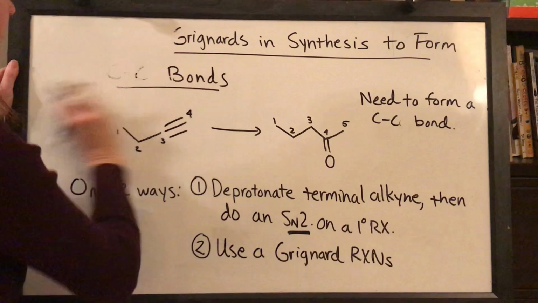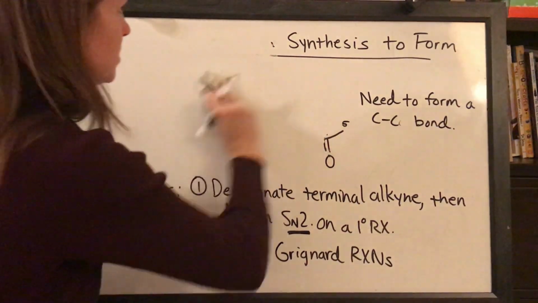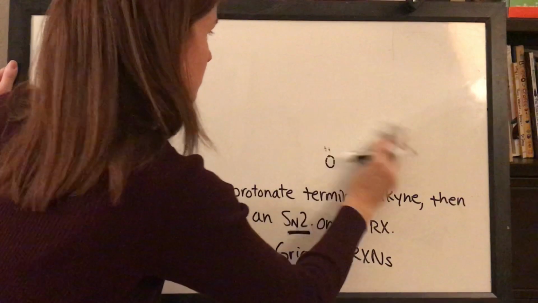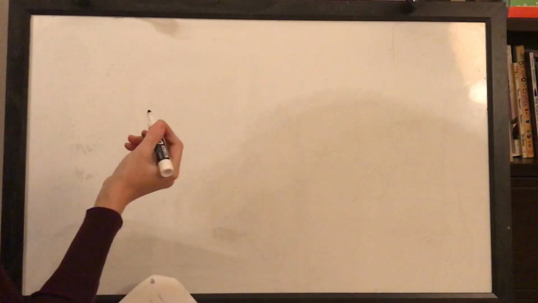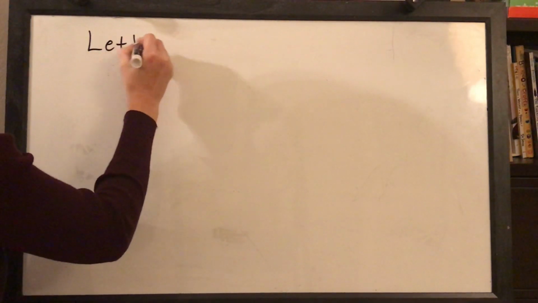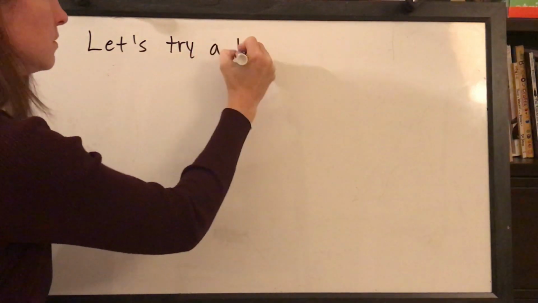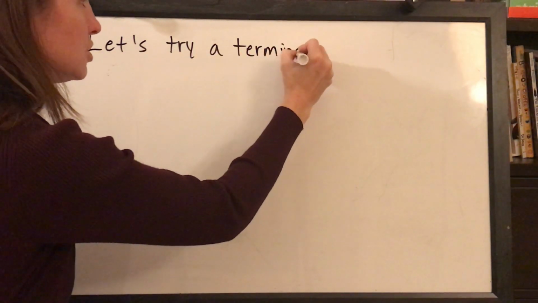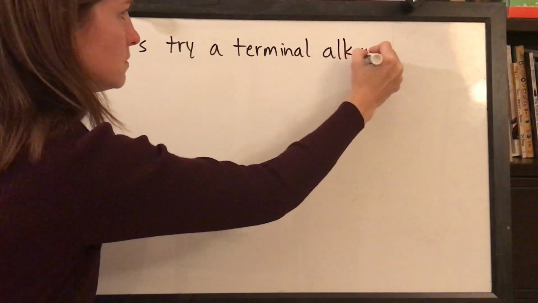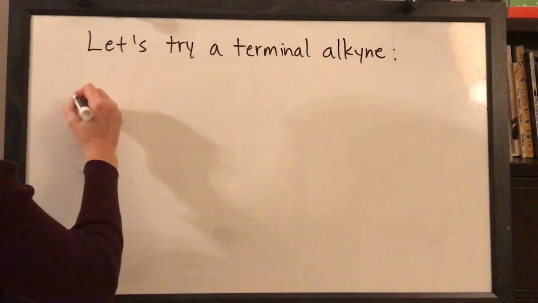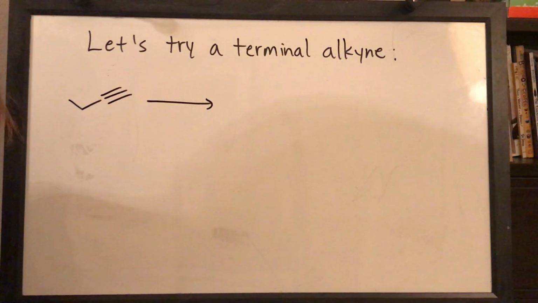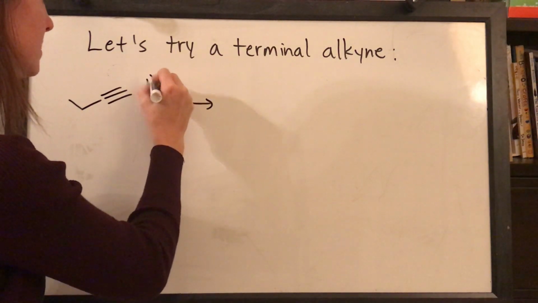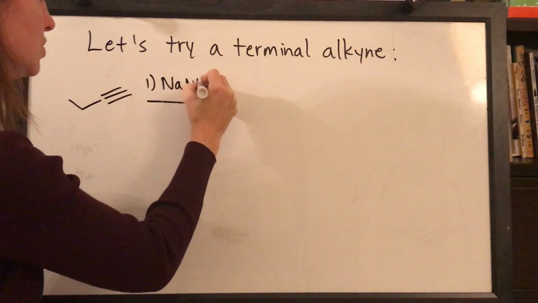Okay, so let's try this with the terminal alkyne. Back in the alkyne chapter, we learned that the best base to deprotonate a terminal alkyne was a really strong base, sodium amide, NaNH2.